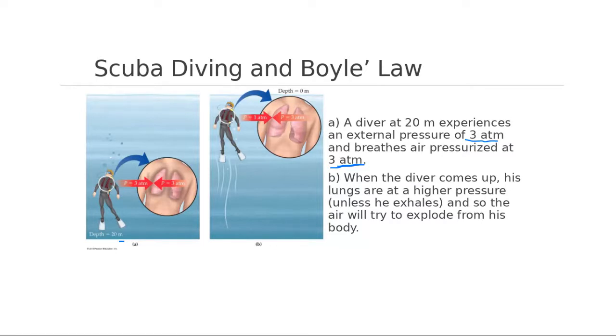When the diver decides to go from the deeper level to the surface of the sea, the pressure will decrease. So when the diver comes up, his lungs are at a higher pressure, under high pressure inside. So he must exhale while he is coming up to the surface. Otherwise, the air will try to explode from his body.